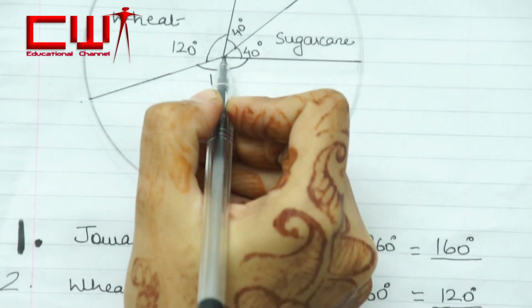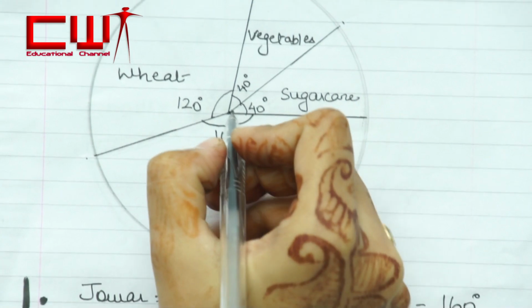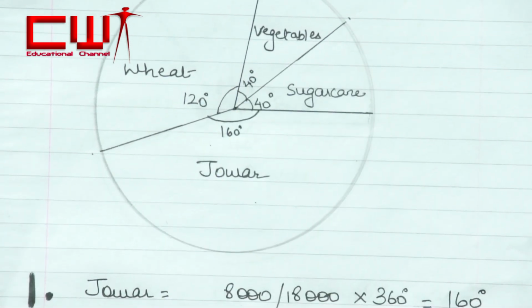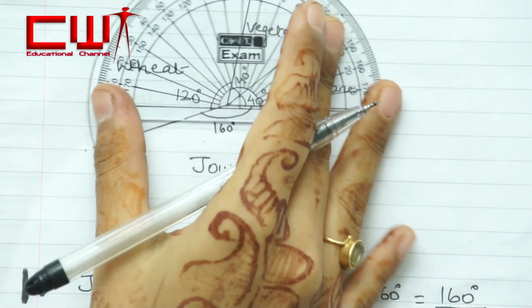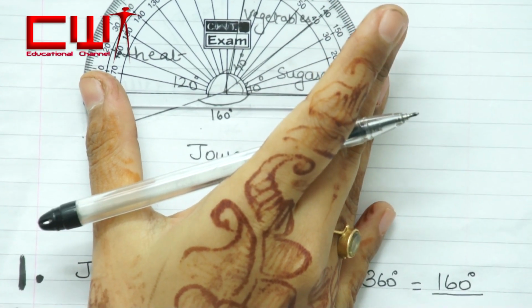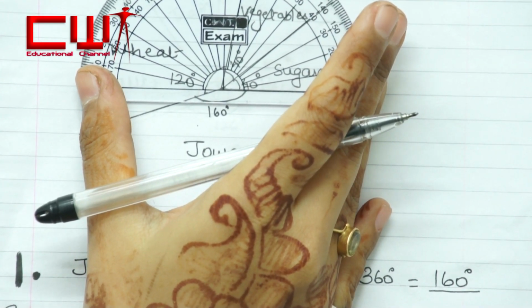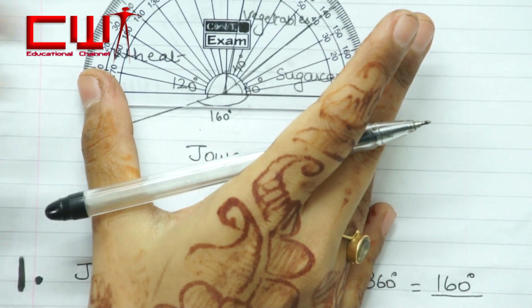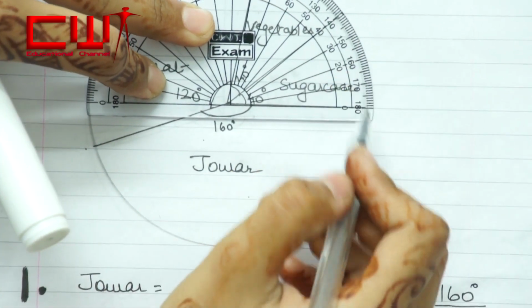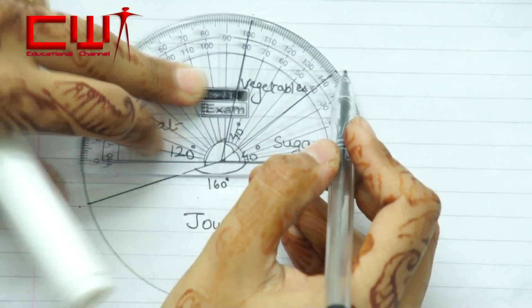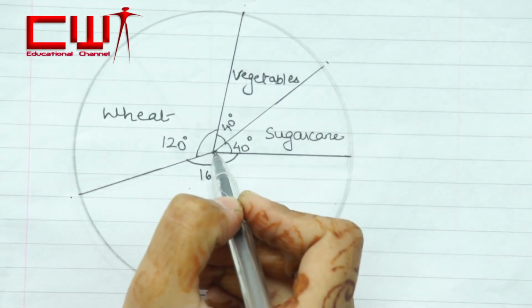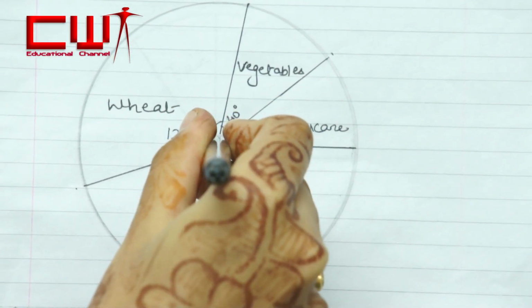Put your protractor here on the baseline, make a straight line, then start counting. Put the protractor straight on the radius line, start counting from the inner circle 0, 10, 20, 30, 40. You've got 40, put a dot, draw a line from 40 to the center of the circle.